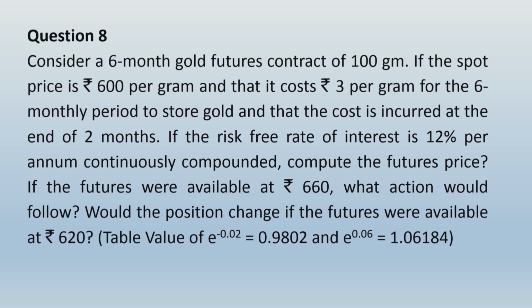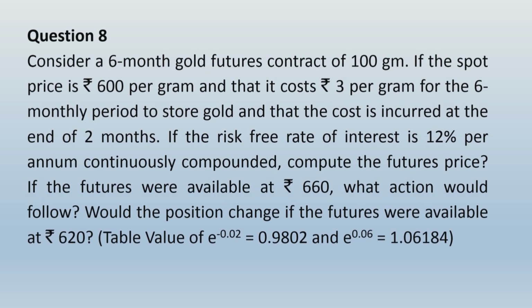If the risk-free rate of interest is 12% per annum continuously compounded, compute the futures price. If the futures were available at rupees 660, what action would follow? Would the position change if the futures were available at rupees 620? Table values of e raised to minus 0.02 and e raised to 0.06 are both given to you.